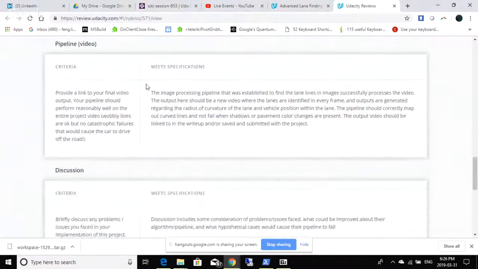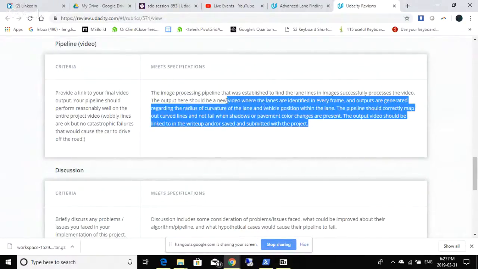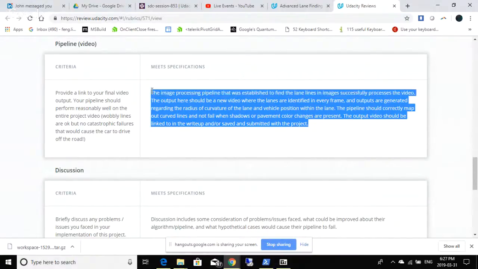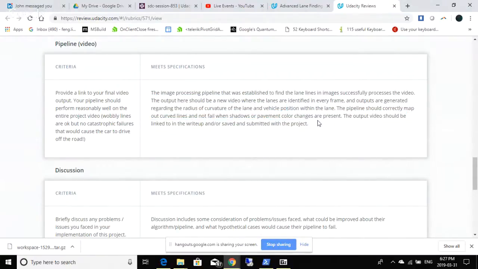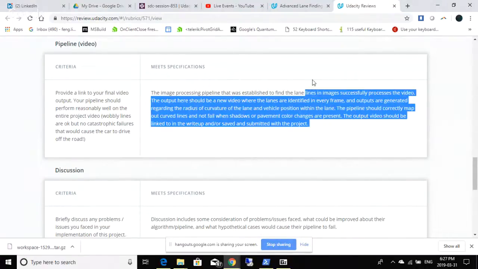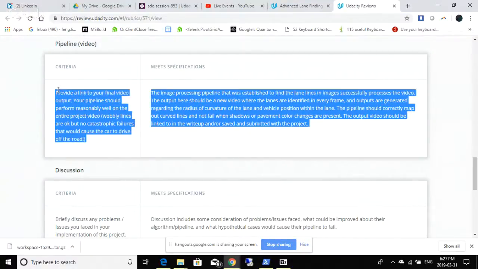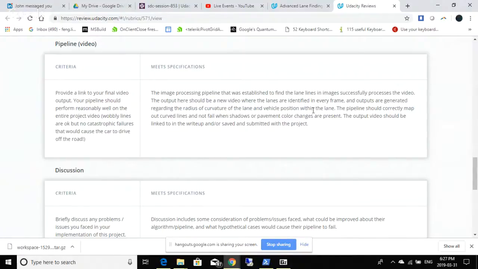Alright, so to meet specifications, the pipeline should successfully find lines and process a video. The output should be a new video, with output generated for every frame. The pipeline should correctly map out curved lines, not fill in straddled pavement.